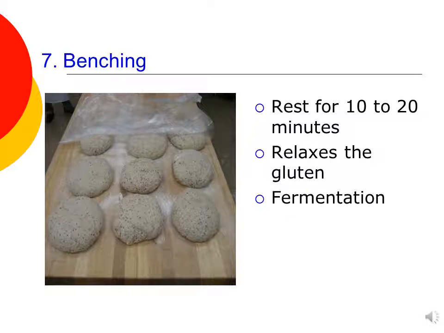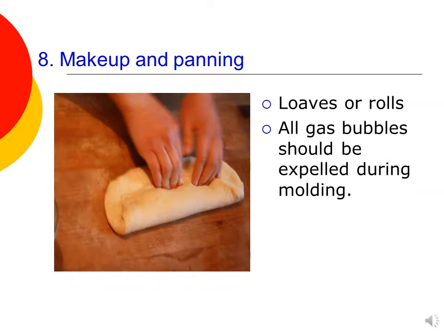Benching or intermediate proofing. Rounded portions of dough are allowed to rest for 10 to 20 minutes. This relaxes the gluten to make shaping the dough easier. Also, fermentation continues during this time. Makeup and panning.